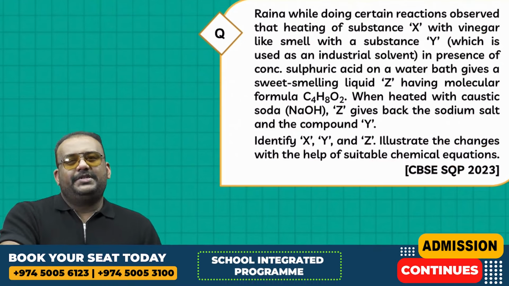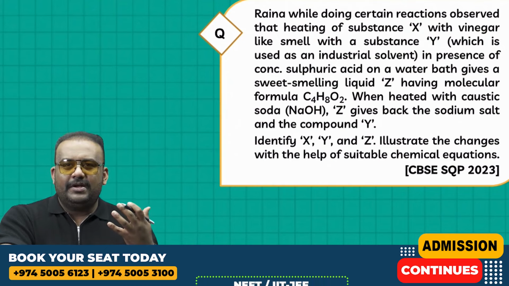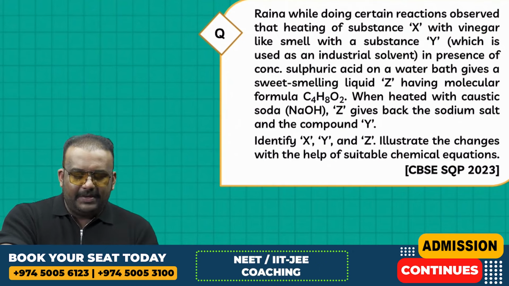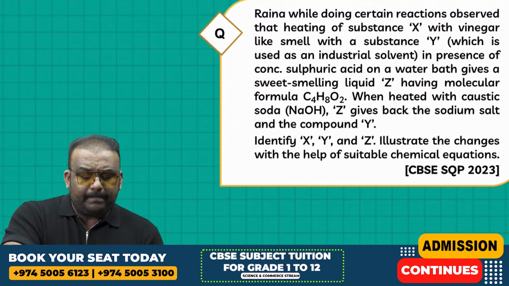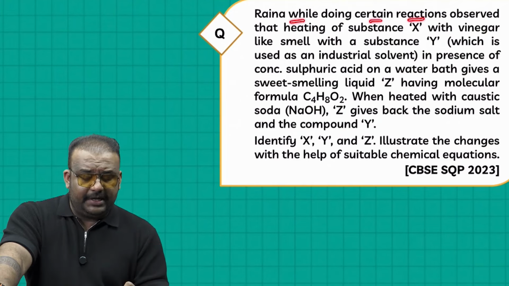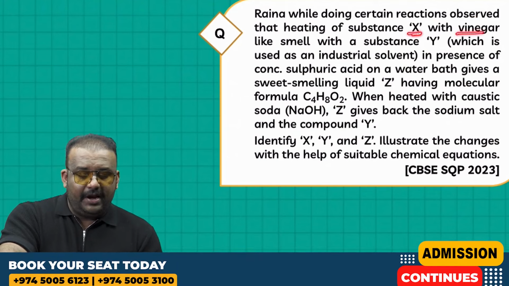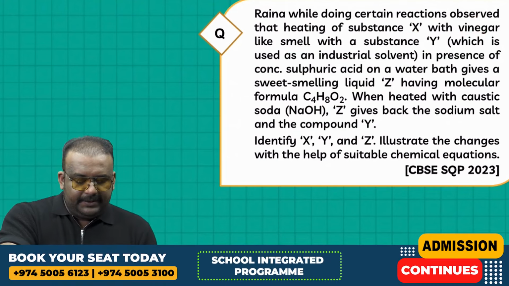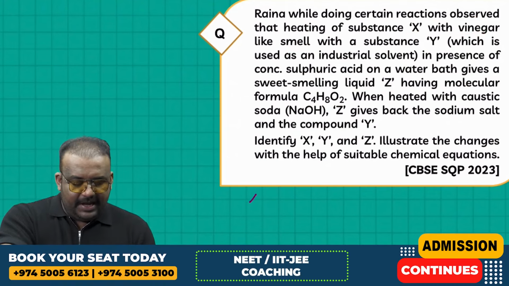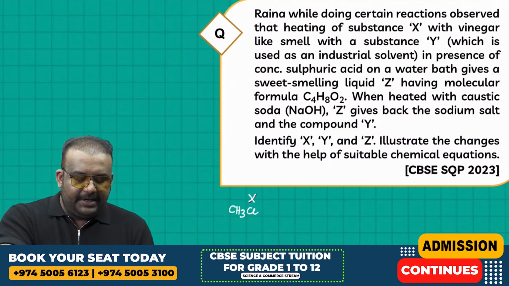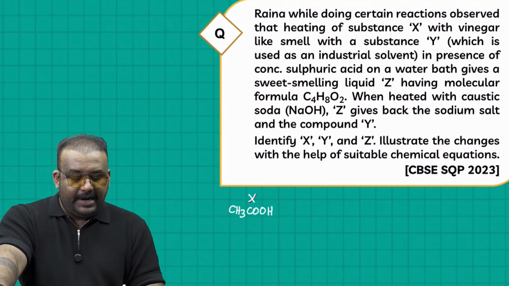See, in such questions, the hint to identify the compound will be there in the question itself. You can see when Raina, while doing certain reactions, observed that heating of a substance X with a vinegar-like smell. So X is having vinegar-like smell. So X is going to be acetic acid, right?